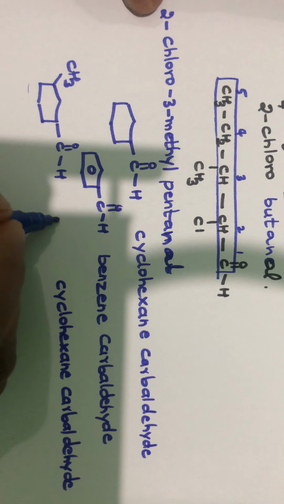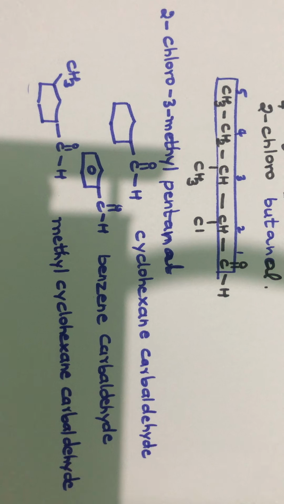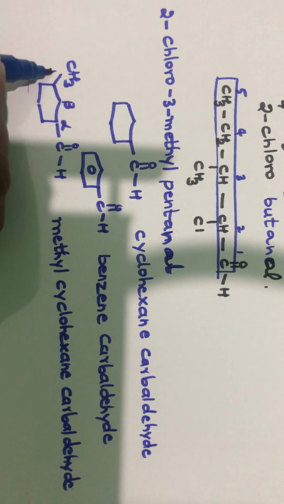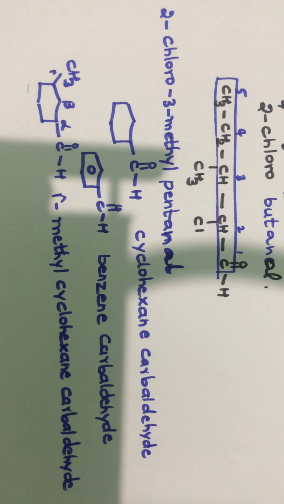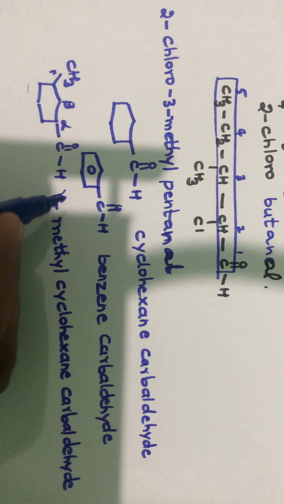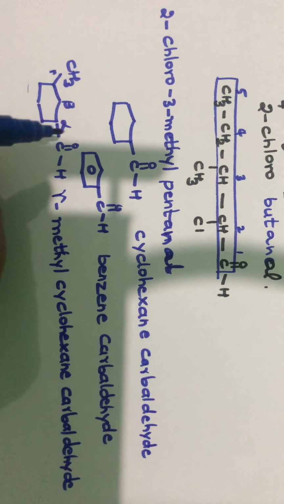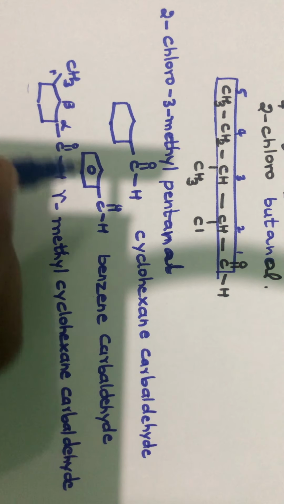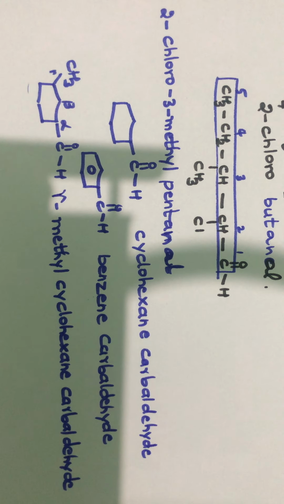The substituent is methyl. Now, the carbon next to the carbonyl carbon is alpha, this is beta, and this is gamma. So in the common system of naming, the name goes like this: gamma-methyl cyclohexane carbaldehyde. If you go for the IUPAC system, numbering 1, 2, 3, it will be 3-methylcyclohexane carbaldehyde.